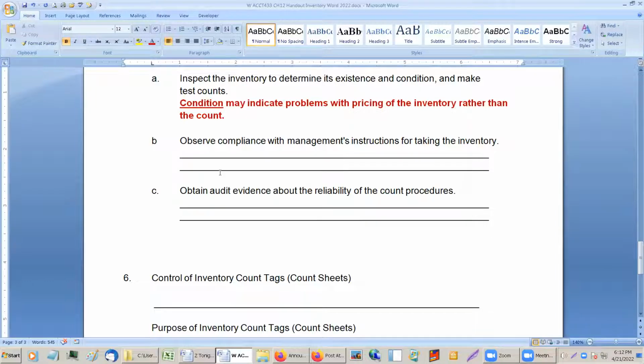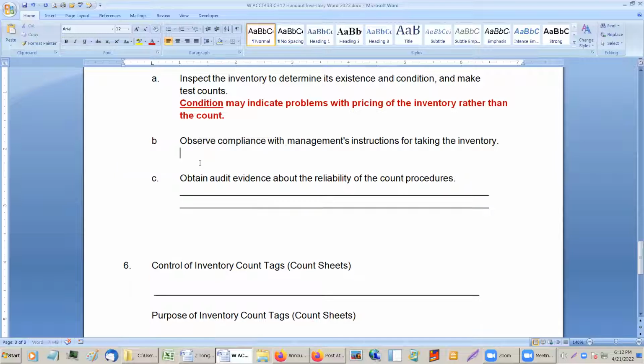Observe compliance with management's instructions, by the operational employees, those that are counting the inventory.